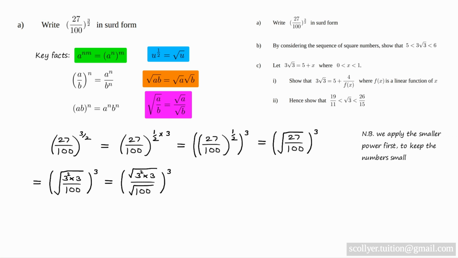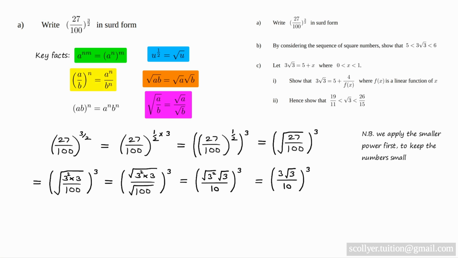And now we use the fact that the square root of ab equals the square root of a times the square root of b, and we find that the numerator decomposes into the square root of 3 squared times the square root of 3, and the denominator becomes 10, which simplifies to 3√3 over 10, all cubed.